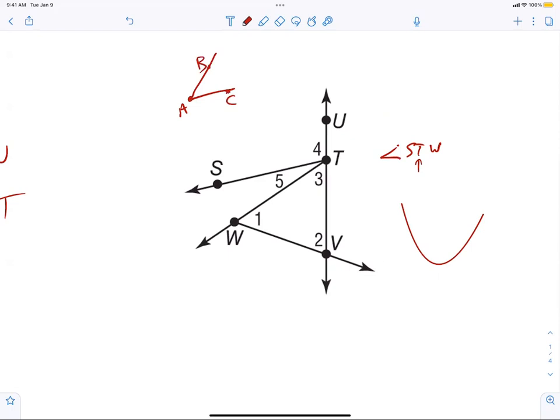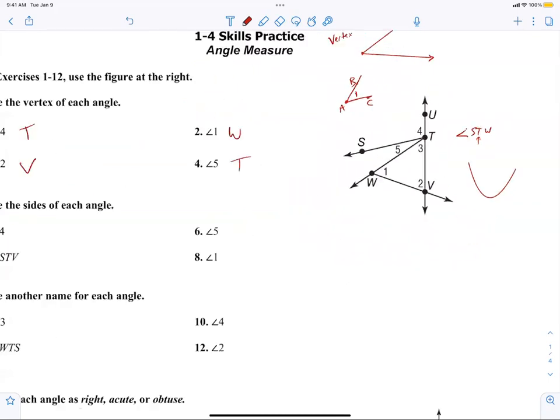A, right? Because that's the only angle A available. But if you can't decide what angle it is, you have to name the angle with 3 letters. Or if there's a number on the inside, you can call it angle 1. Hopefully it's just basics here, guys.